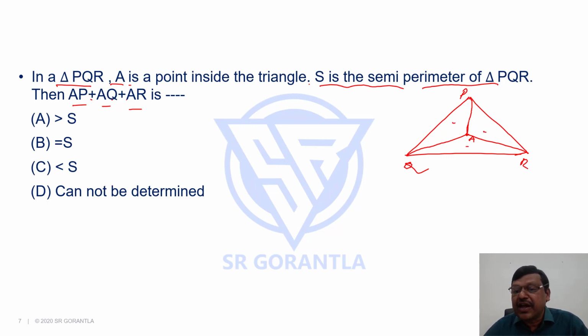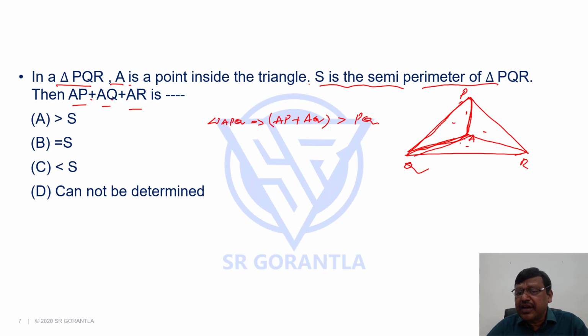We'll take first this triangle APQ. If I consider triangle APQ, the sum of any 2 sides is greater than the third side. So I can say AP plus AQ is greater than the third side, that is PQ.